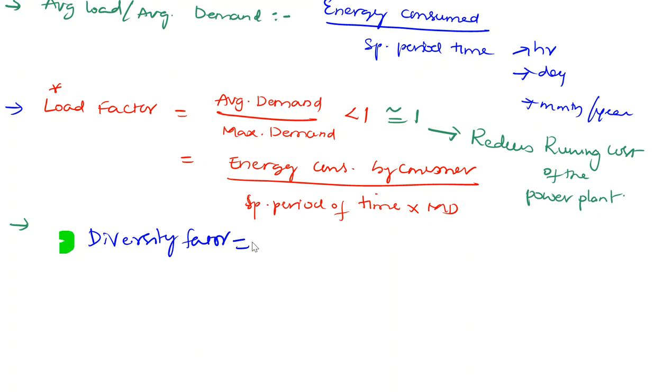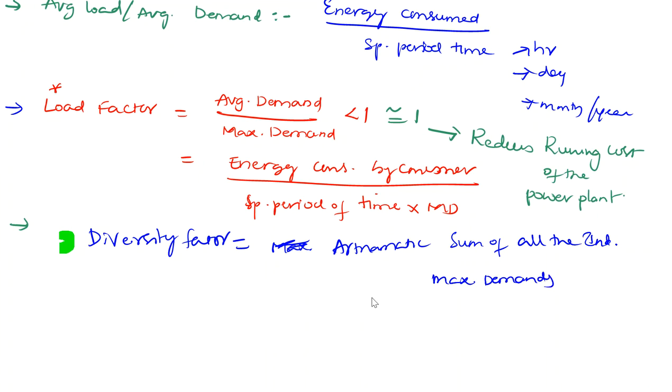So diversity factor is defined as the arithmetic sum of all the individual maximum demands divided by the maximum demand on the power system.